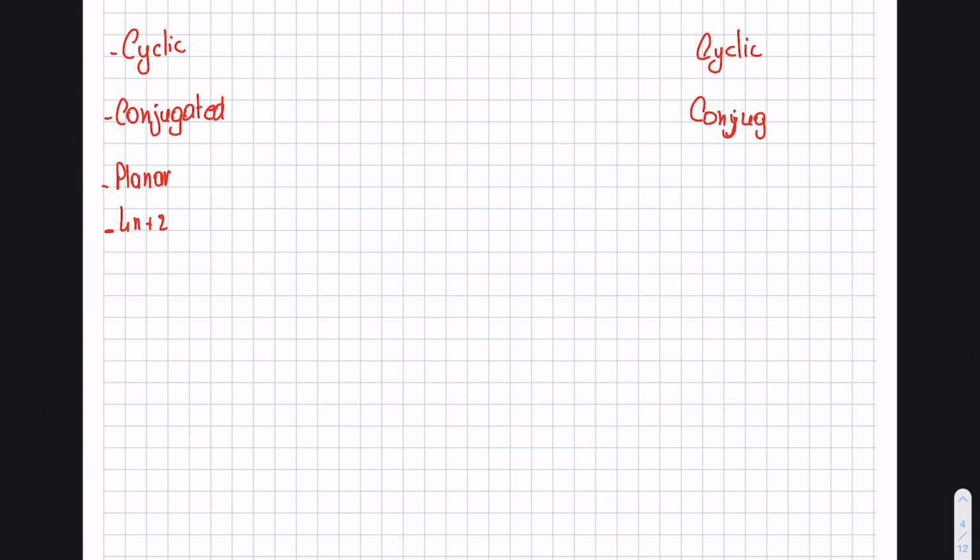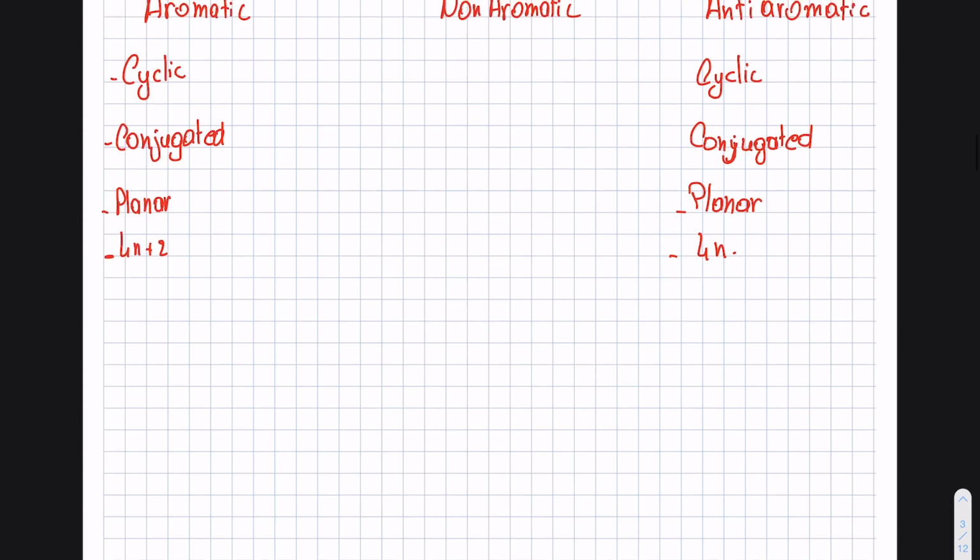Conjugated, planar, and it follows the 4n rule in this case. Non-aromatic if it breaks any of the other rules, if it fails any of the rules.